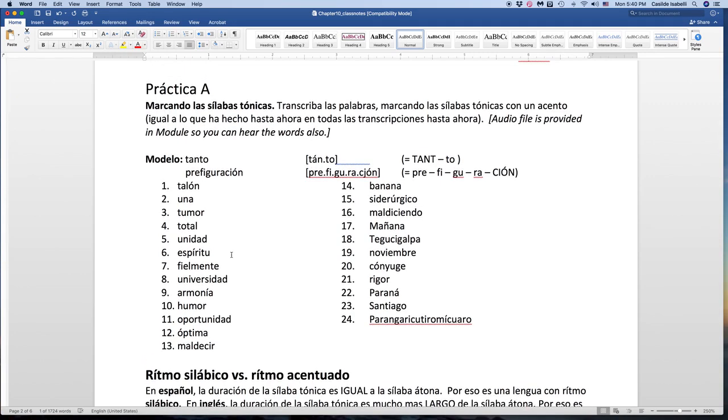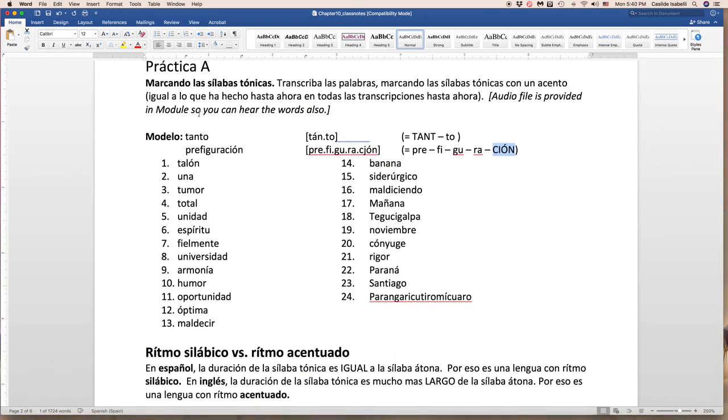When we're looking at our transcriptions, this is a review of what we've already seen before. Tanto, tan is the stressed syllable. Now I start doing capital letters here to show you where the stress is. Prefiguración. That's why in our transcription we put the phonetic stress, because we're saying that that's the syllable that's stressed.